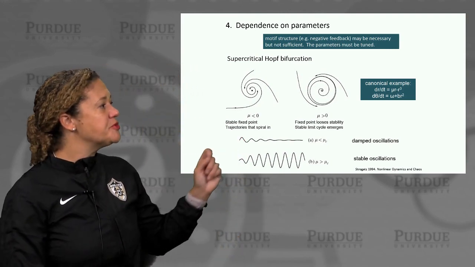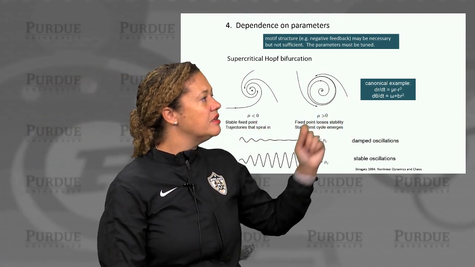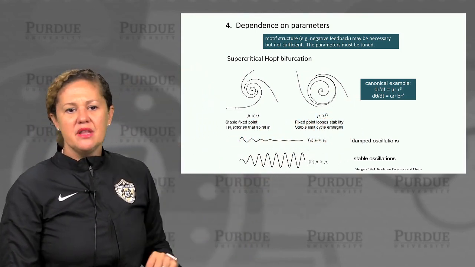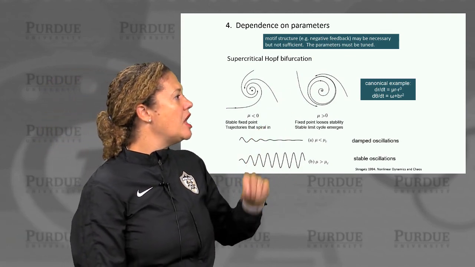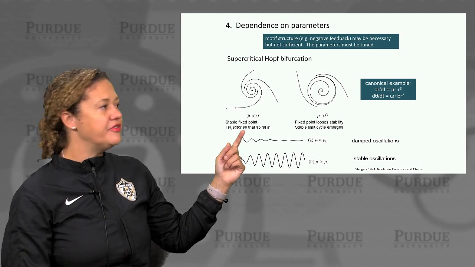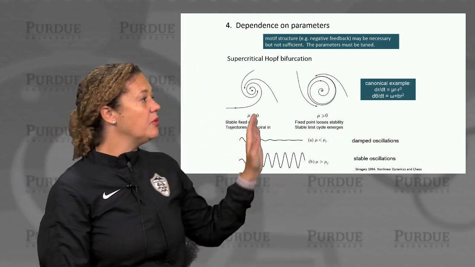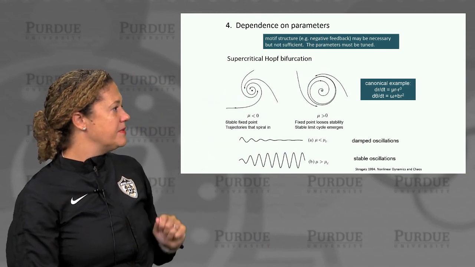And if we tune those parameters, here we're representing the canonical example that's often given for the supercritical Hopf bifurcation, where this mu represents our parameter value in our r and theta state space that we're looking at in our phase plane here.